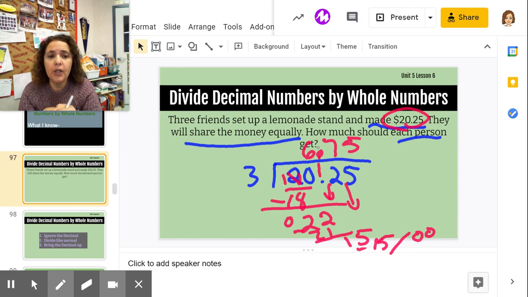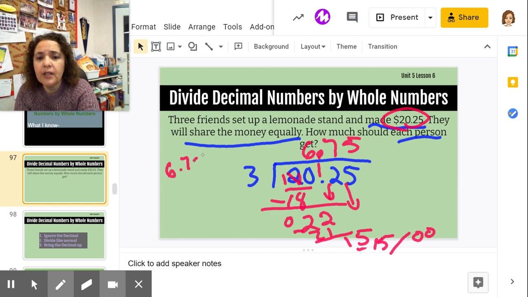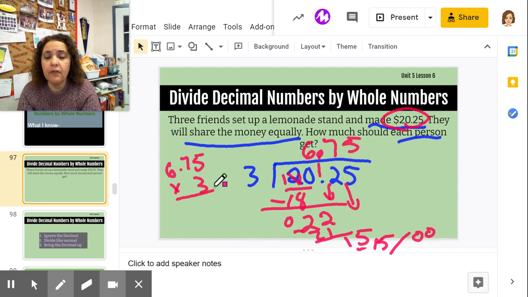Same place. So each person is going to make $6.75. Does that sound reasonable? That sounds about reasonable. You can always check by multiplying 675 times 3 to see if you get $20.25. If you multiply it out, you'll see that you will.